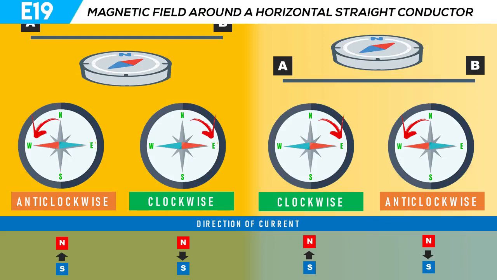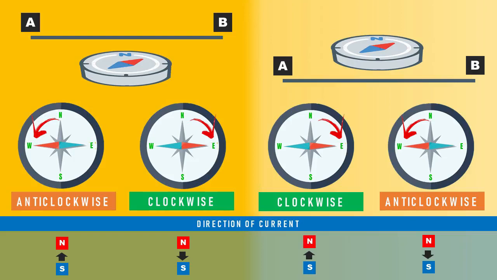Figure 2.3a and 2.3b are the first two, and for the other two, the figure is not given in the text, but we have to fill the table 2.2. Let us see one by one. First case, the conductor AB, A is near the south pole and B is near the north pole, and current is from A to B, or we can say from south direction to north direction.